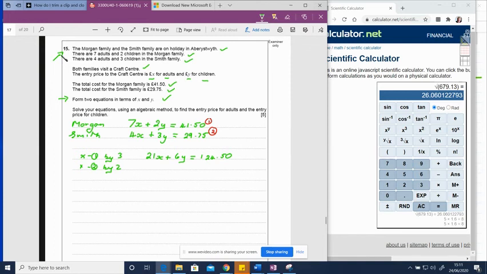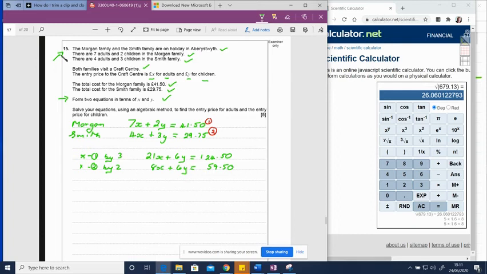Now if we multiply the second equation by 2, 2 times 4x is 8x, 2 times 3y is 6y, and you can see we've got 6y now in both equations, equal to 2 times 29.75, which is 59.50.